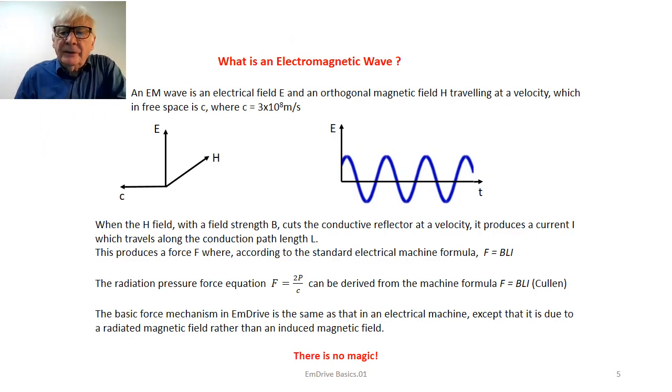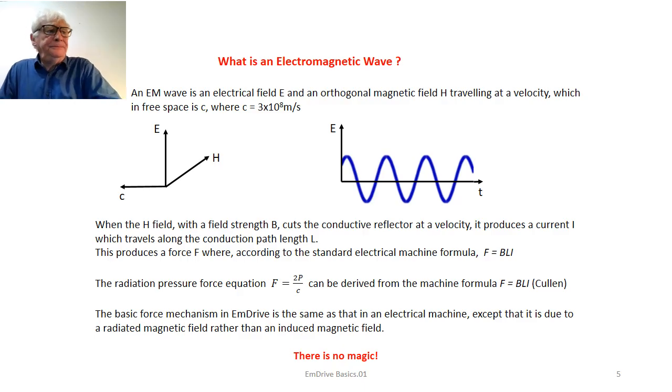To look at EmDrive in detail, we need to look at it in terms of an electromagnetic wave rather than a stream of electromagnetic particles. So what is an electromagnetic wave? It's actually an electrical field E with a magnetic field H at right angles to the electrical field.